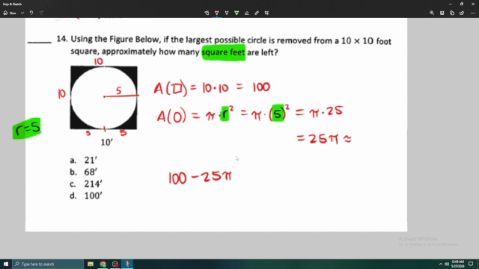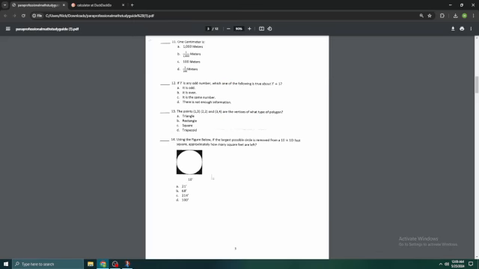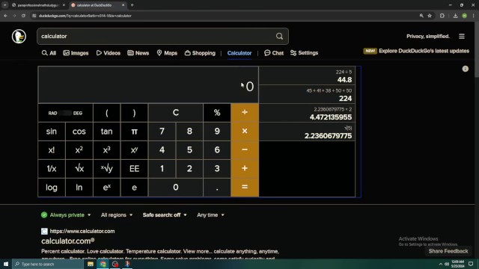We are removing the circle. So how do we find what's left? How do we find this black region? We subtract the area of the white circle from the area of the square: 100 minus 25 pi.